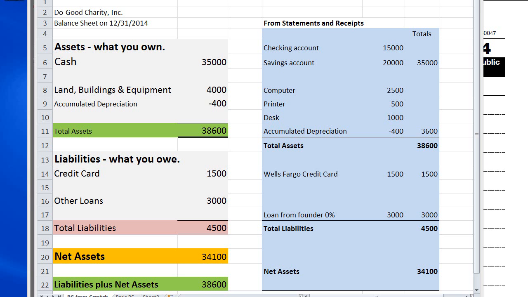Look forward to my next video, which will be on net assets to explain more about net assets and how that works. And also, I think I'll be talking about accumulated depreciation and depreciation expense and how that works on the balance sheet as well.